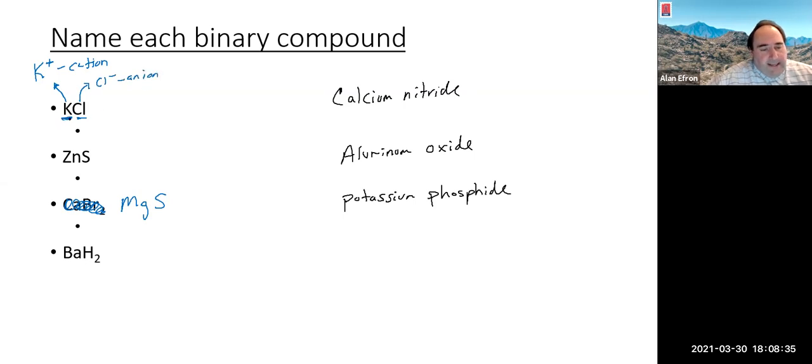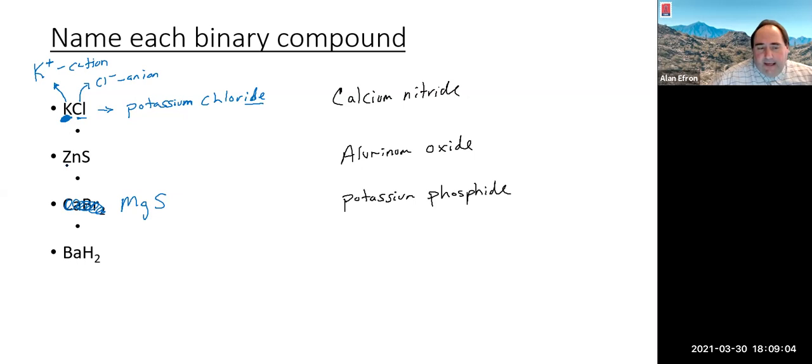But really, again, just knowing the potassium part of it, which is group 1, means we could proceed right to the name here and use the whole name of the metal, which is potassium. And Cl goes from chlorine to chloride, IDE at the end, and we get potassium chloride. Any questions on that one there?